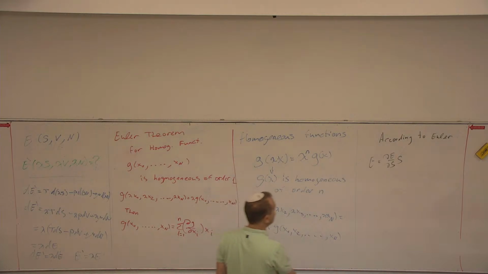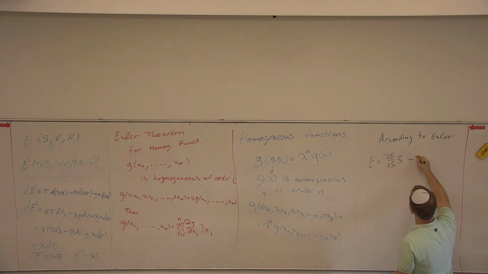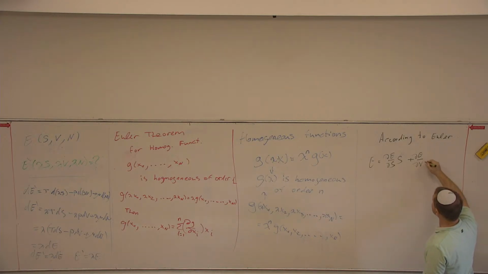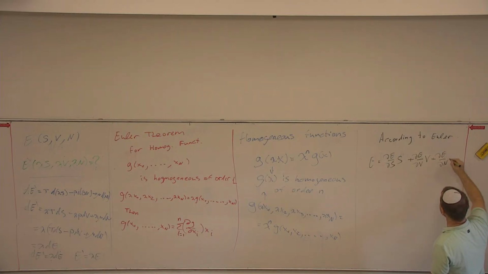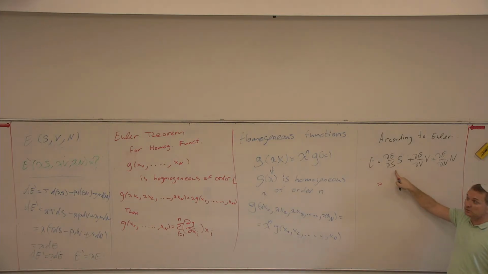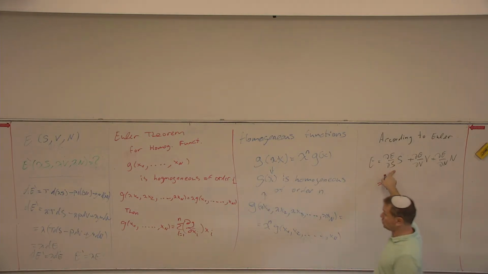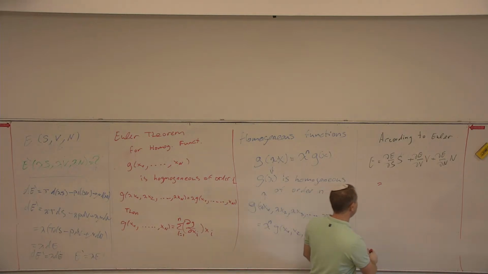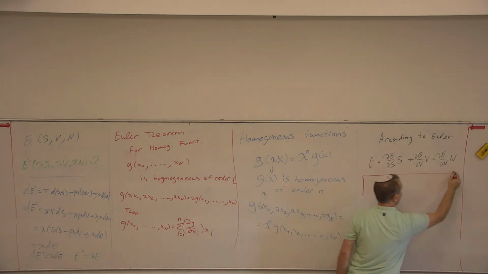The second variable is plus dE over dV multiplied by V. The third variable is plus dE over dN multiplied by N. This is the Euler theorem. What is dE over dS? Let's write it down over here.